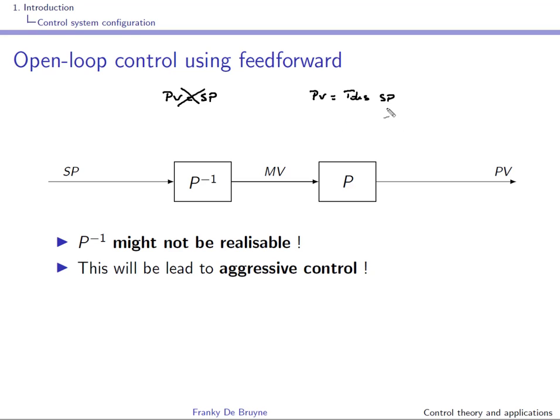And this is going to lead to a modified feedforward controller, which is simply T desired P inverse. And if you choose T desired appropriately, you can probably solve these two problems, but we will not go into the details of that. This is beyond the scope of this course.